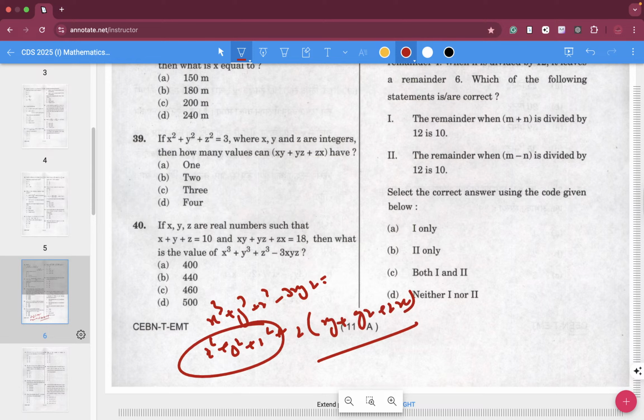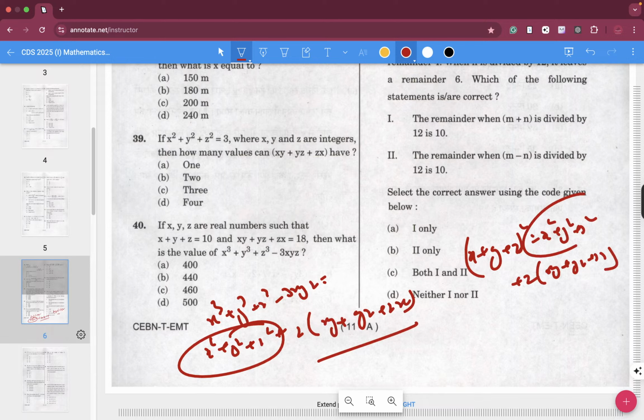We were supposed to find out this value, but we knew x plus y plus z whole square is equal to x square plus y square plus z square plus 2 times xy plus yz plus zx. From here we found out the value of xyz, which was like 64. So we put 64, minus 2 into, I don't remember what the value was, and we found out that 460 was the answer.